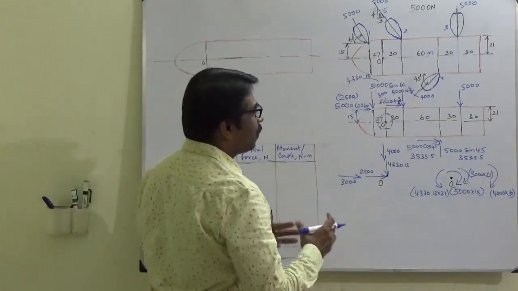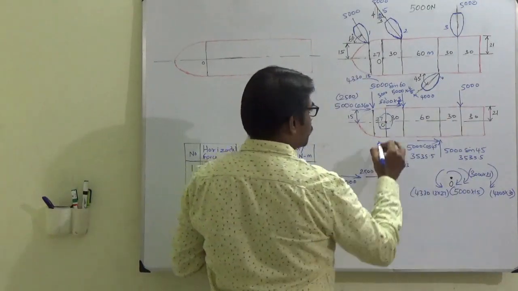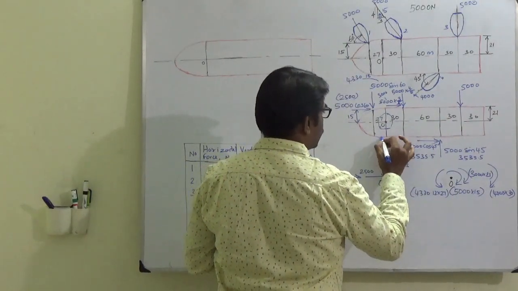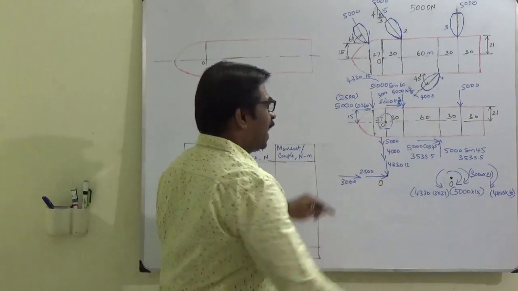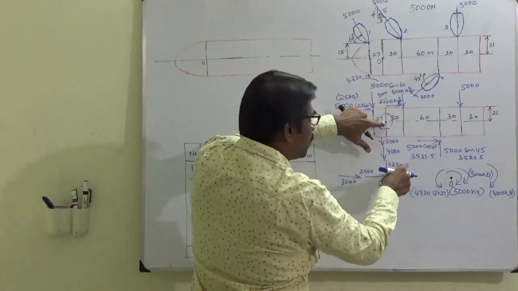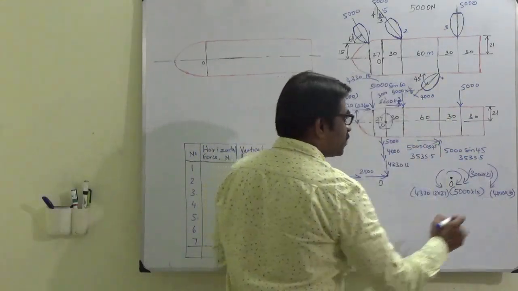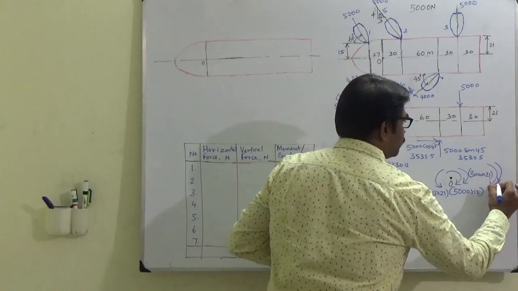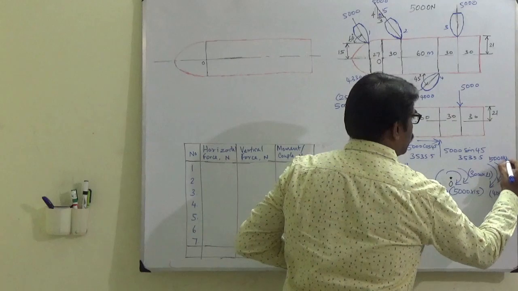Right? Now, you take only this force, it is a vertical force downward 5000, and it is also producing a clockwise moment. The perpendicular distance is 120. So I am placing it over here. The magnitude is 5000 into 120.